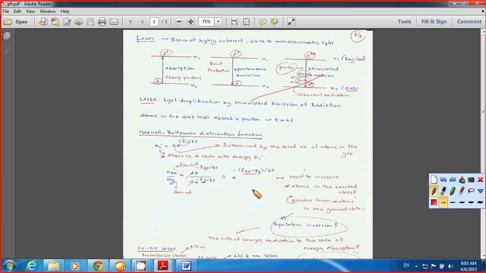So the excited state compared to the ground state, you need this ratio to be more than 1, correct? That's why you need to increase the number of atoms in the excited state. If you have more atoms in the excited state than the number of atoms in the ground state, we call that the population inversion.